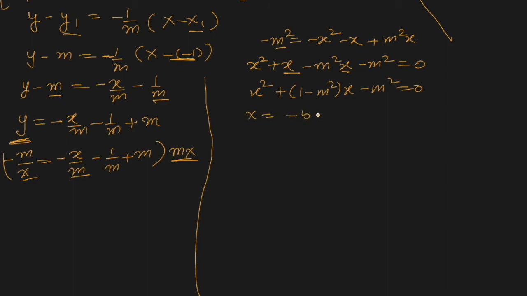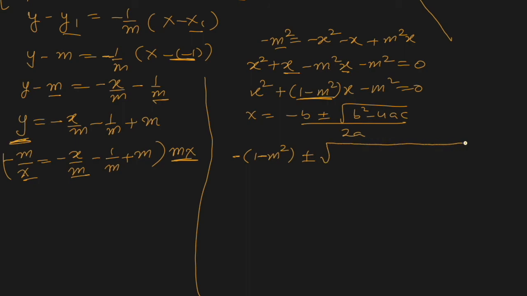It says minus b plus minus square root b square minus 4ac over 2a, right? And that's what we're going to do. So this is b, minus 1 minus m square, plus minus square root of 1 minus m square, squared, minus 4 times 1 times minus m square, over 2 times 1.